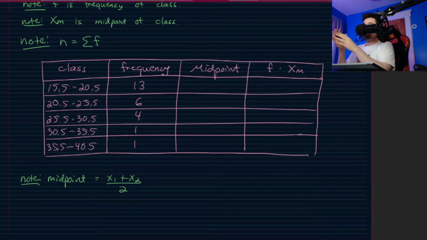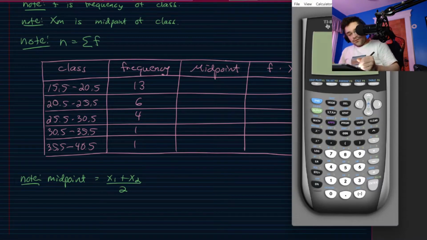So the midpoint of 2 things is you add them together and then divide by 2. It gives you right in the middle. So for the first one, we've got to do 15.5 plus 20.5, and then divide that by 2, and we get 18.